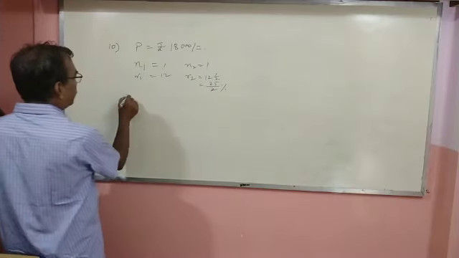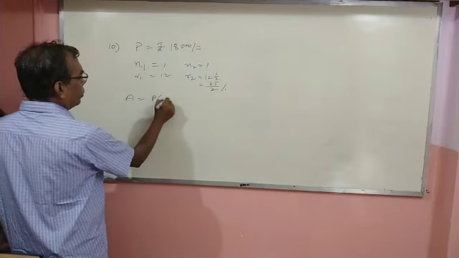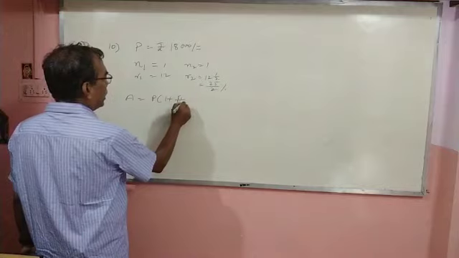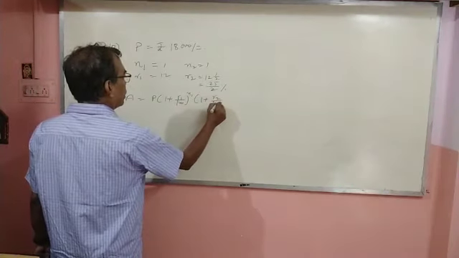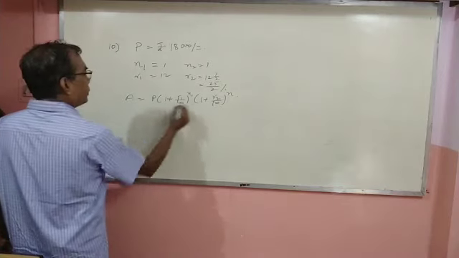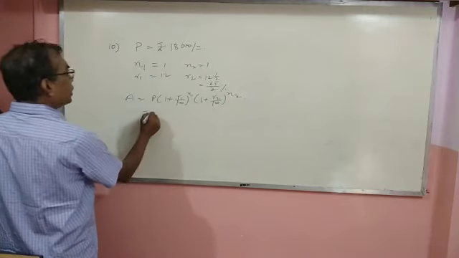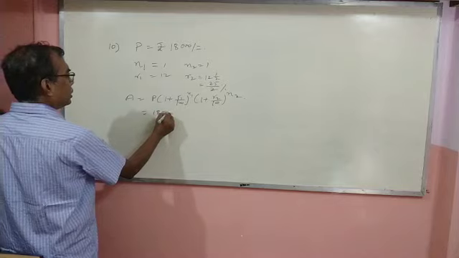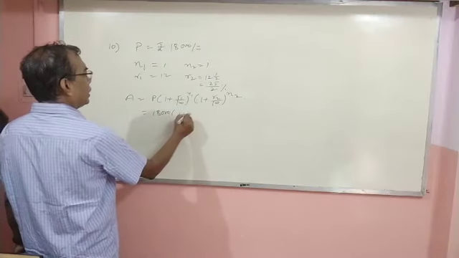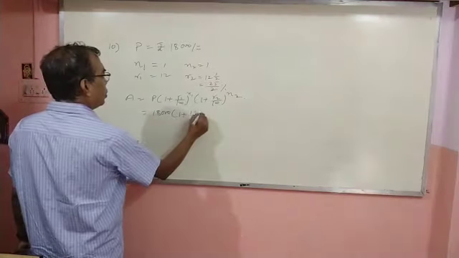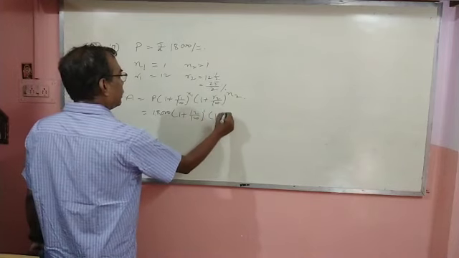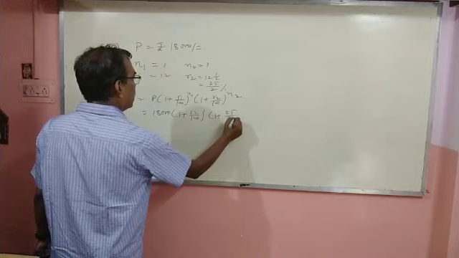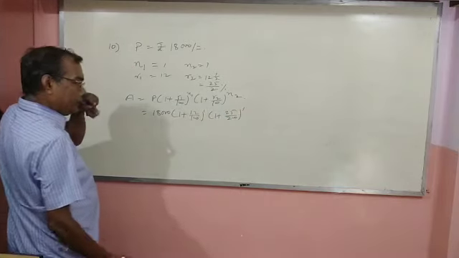In that case, you will have to find the amount. Amount is equal to P into 1 plus R1 by 100 whole raised to N1, into 1 plus R2 by 100 whole raised to N2. And this one is equal to 18,000 into 1 plus R1, 12 by 100, whole raised to N1, N1 is 1, into 1 plus R2, 25 by 200, whole raised to 1.